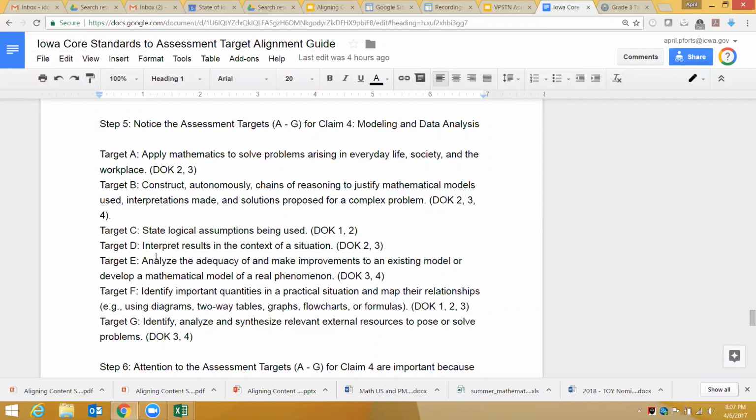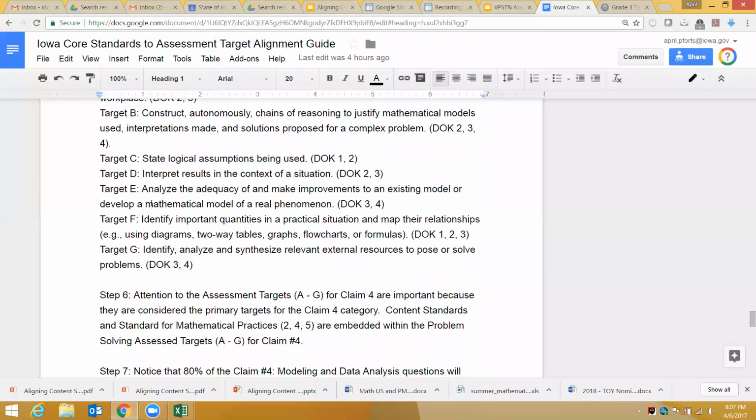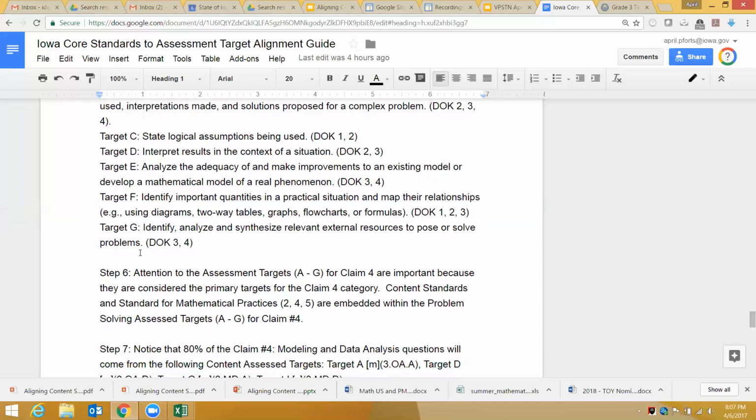Target D, interpret results in the context of a situation. Target E, analyze the adequacy of and make improvements to an existing model or develop a mathematical model of a real phenomenon. Target F, identify important quantities in a particular situation and map their relationships. And Target G, identify, analyze, and synthesize relevant external resources to pose or solve problems.